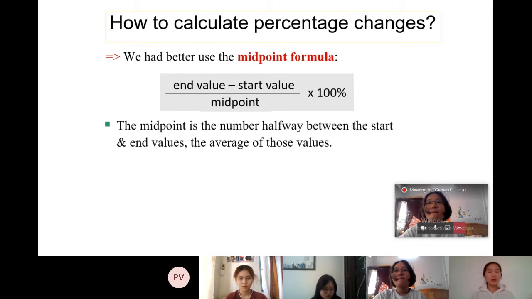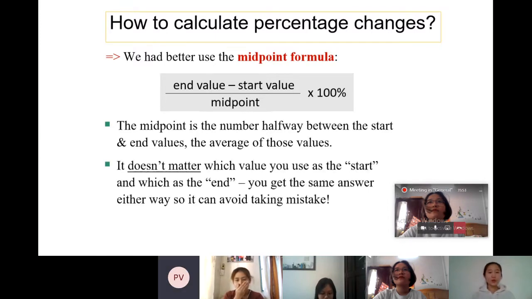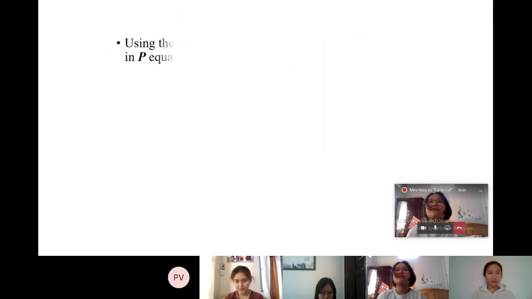The midpoint is the number halfway between the start and end values, the average of those values, which means you take the sum of the 2 values, then divide by 2, and you will have the midpoint value. It doesn't matter which value you use as the start and which is the end. You can get the same answer either way, so you can avoid making mistakes.